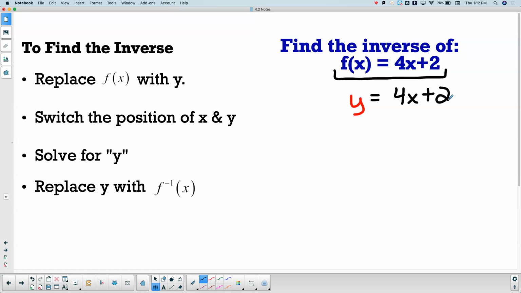So this y is going to go there. This x is going to go there. So it becomes x equals 4y plus 2.